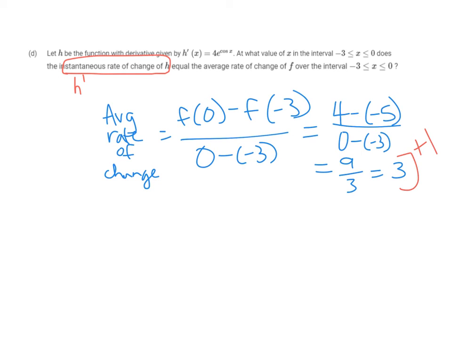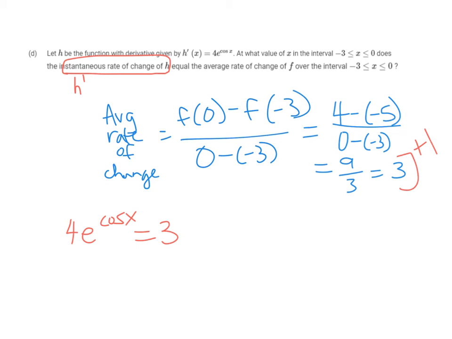The harder part of this problem is trying to figure out the x value where the instantaneous rate of change of h is equal to that. So you need to recognize that that's going to be h prime, which we know is 4e to the cosine of x. We want to figure out where that is equal to 3.